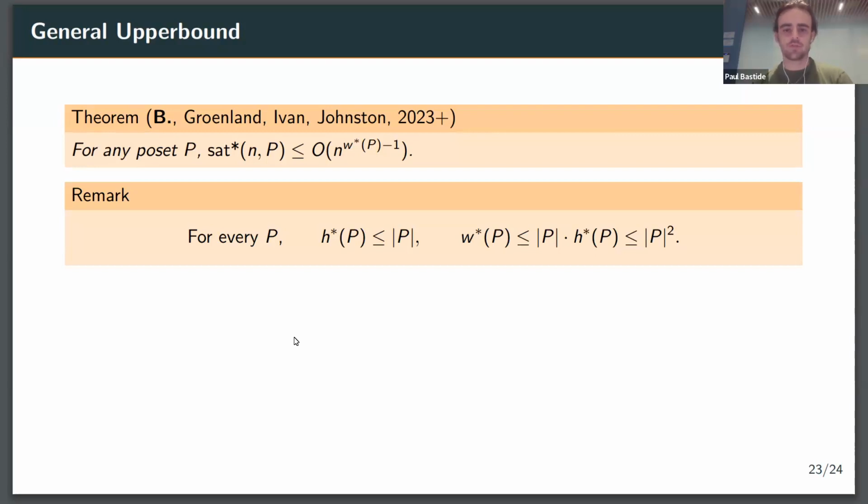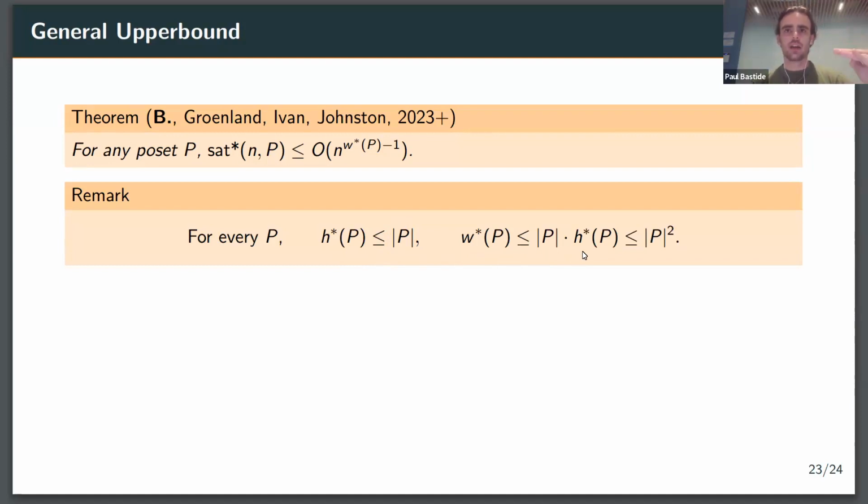And we just found some silly bounds. It's very easy to see that the height of a poset is at most |P|, by the very well-known result that any poset of size n can be embedded in the hypercube of dimension n. So in particular, it doesn't use more than height n. Okay. And the width is at most |P| times the height.